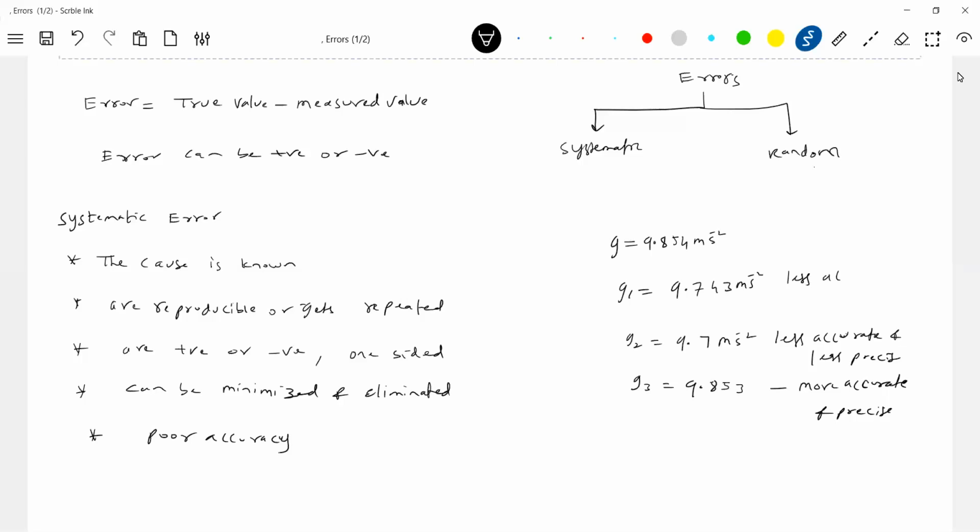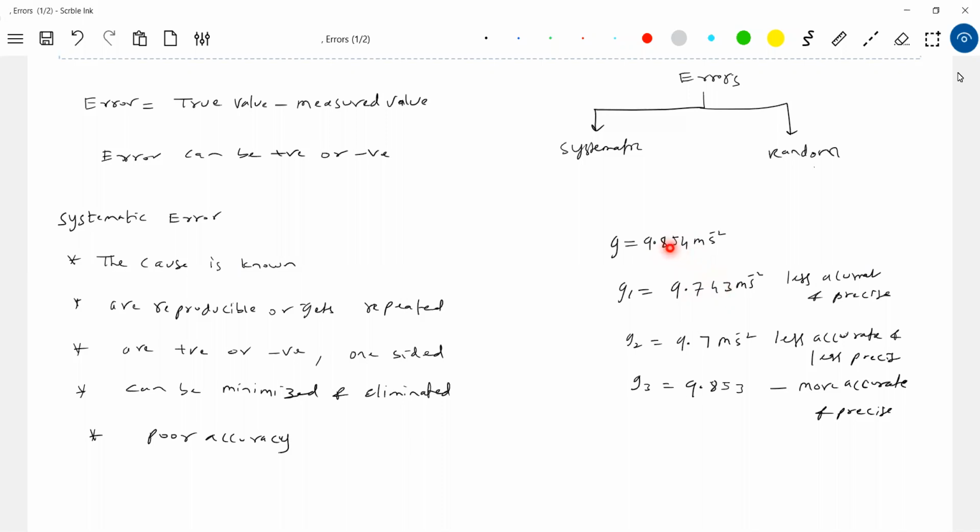This is less accurate and precise. What do you mean by precise? Precise means what about decimal places? Up to 3 decimal places you are expressing the answer. What about this? Yes, precisely we are expressing.